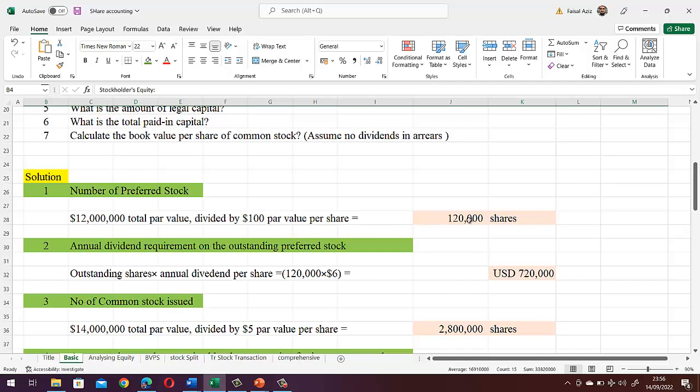So this will give us 120,000 shares. After dividing 12 million by 100, it will give us the total number of preferred stock outstanding. So this is how we can calculate the total number of preferred stock outstanding.